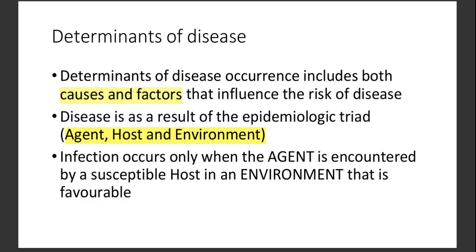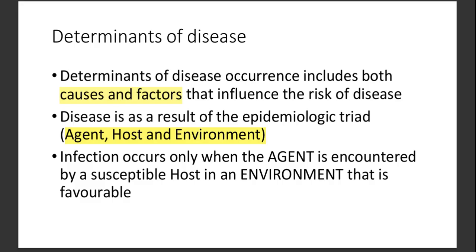Only susceptible hosts. Let me give another example. Let's say HPV, the one that causes cervical cancer. Not every lady gets cervical cancer from HPV, because most men have HPV, but even when they're sleeping around with ladies, the ladies are not all going to have cervical cancer. Why? Because it's not only the agent that is needed, you also need a susceptible host.